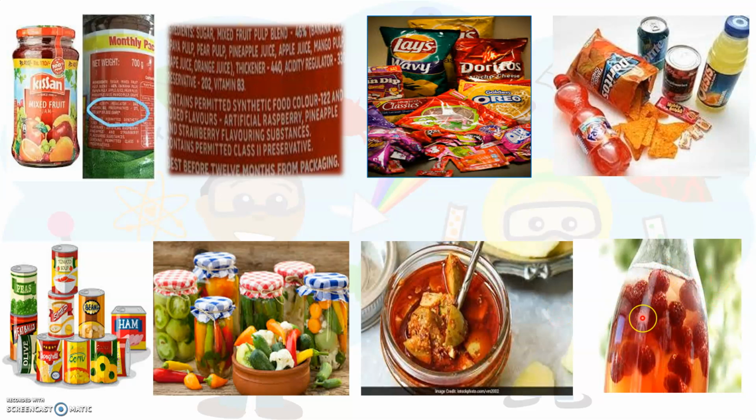As you can see here, fruit that is kept in sugar solution. Sugar also helps to preserve food by absorbing excess of water, like in homemade jams and jellies. Lemon juice and vinegar also prevents the growth of microbes.